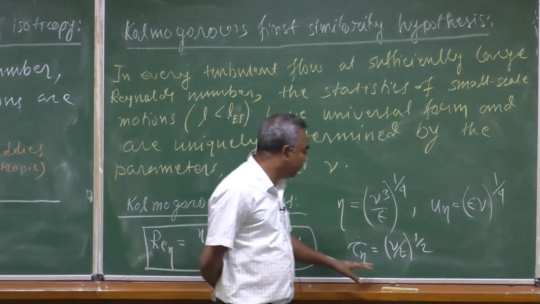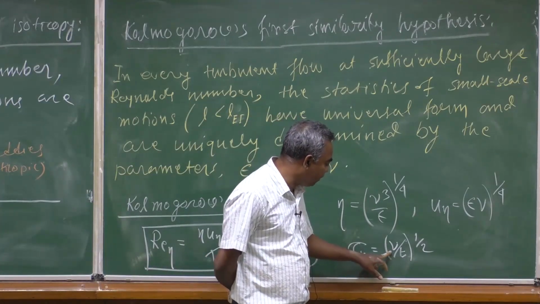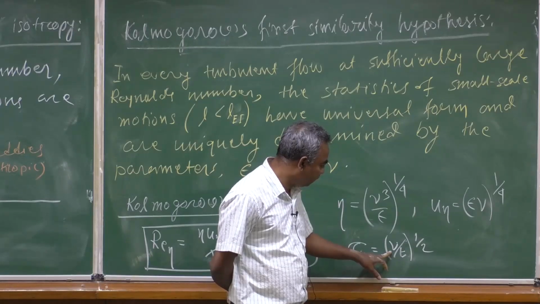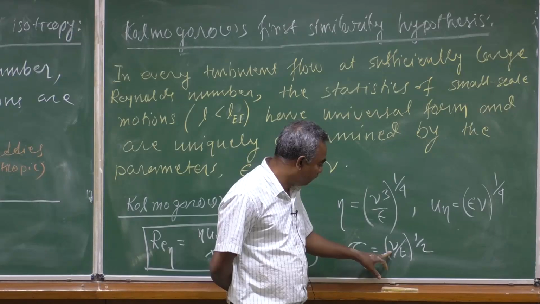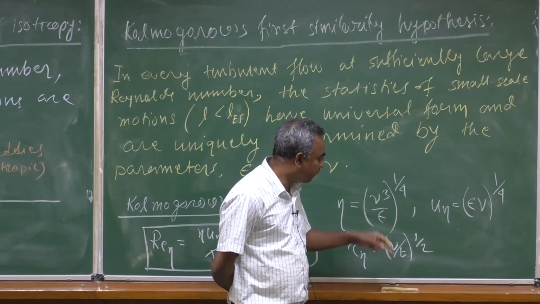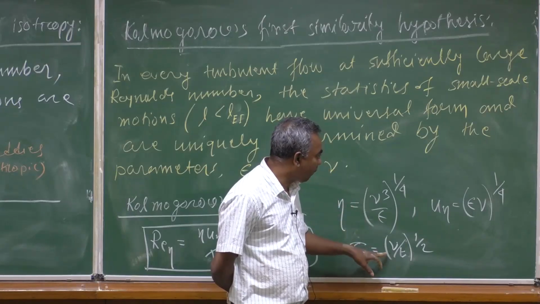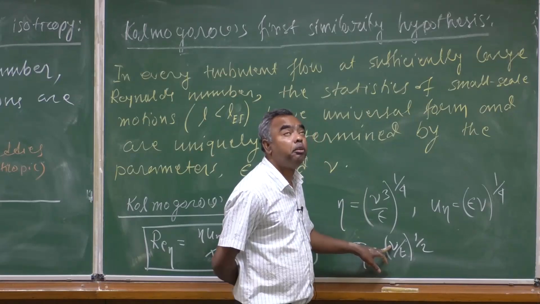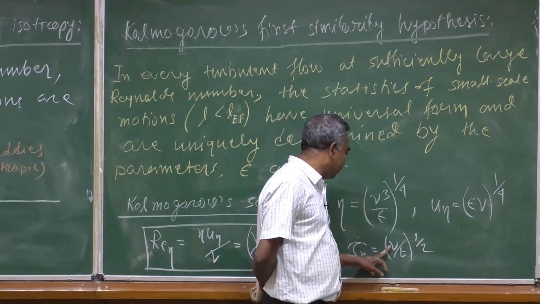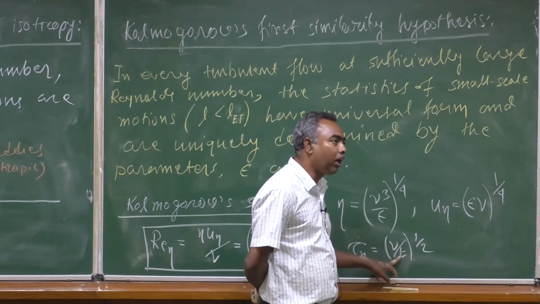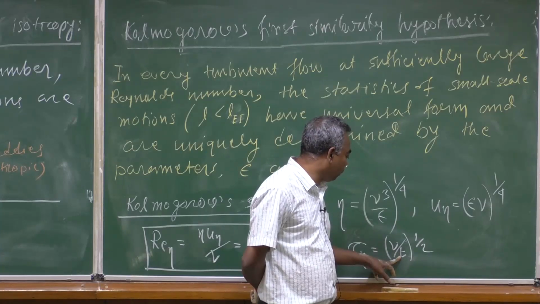And this is your time scale. Let us see whether it is coming out correctly. This is nu, meter square per second, and this one is meter square per second cube, right.